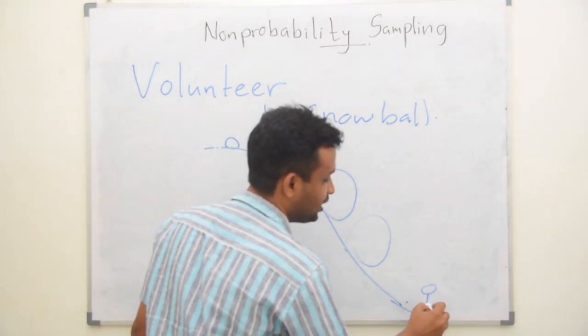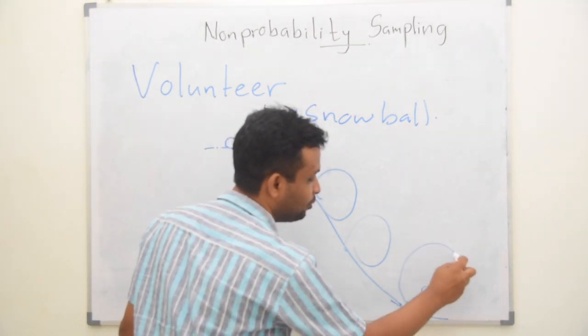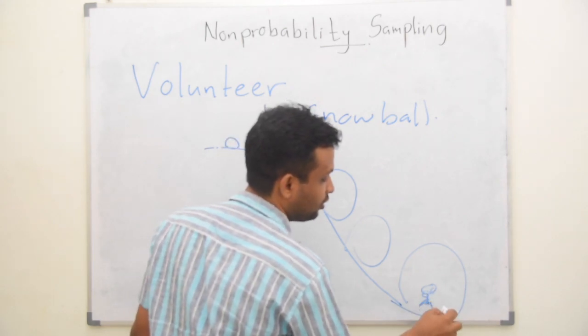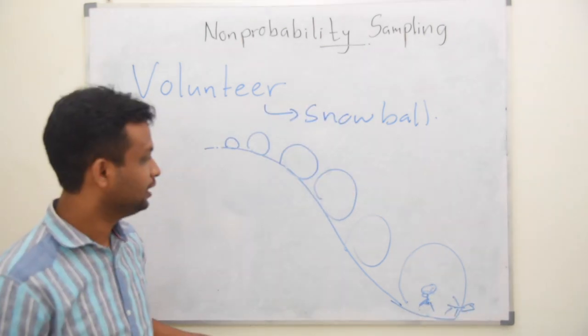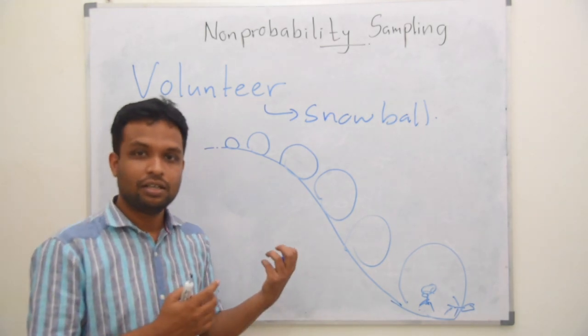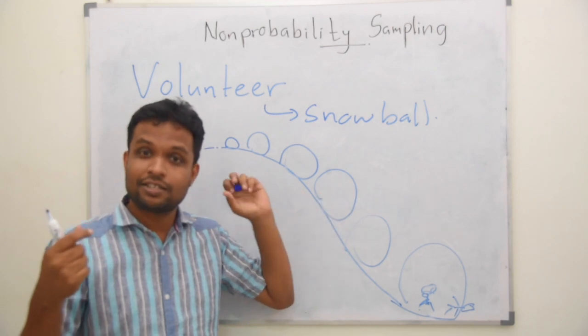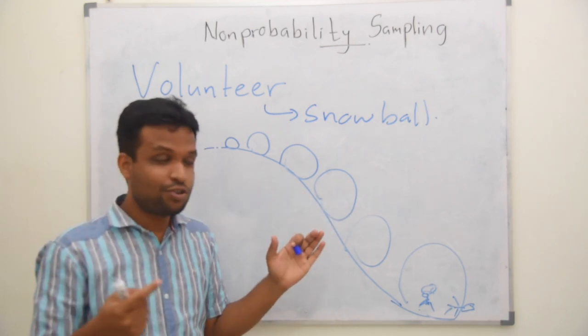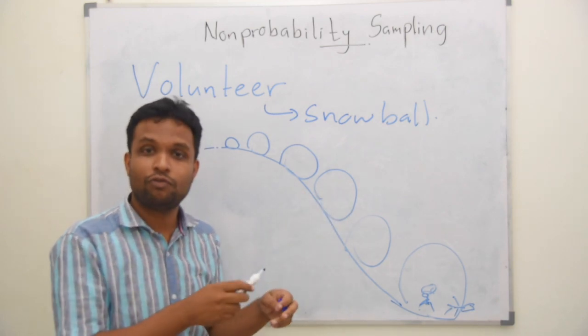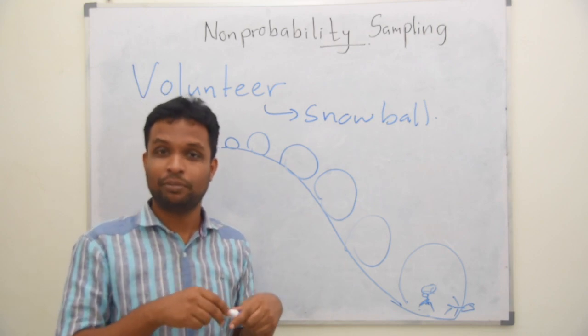And if there's a person here, by that time it will be very large, so he will be like this at the end. Gradually, the ball will be enlarged. Like that, in the snowball sampling technique, we do something like this. That's why we call this the snowball sampling technique.